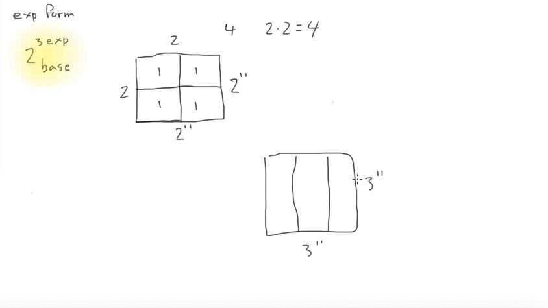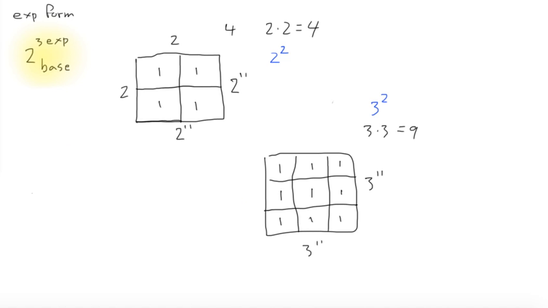Counting the boxes: 1, 2, 3, 4, 5, 6, 7, 8, and 9. That's the same thing as 3 times 3 equals 9. And 3 times 3 can be rewritten as 3 squared, just like this can be rewritten as 2 squared.